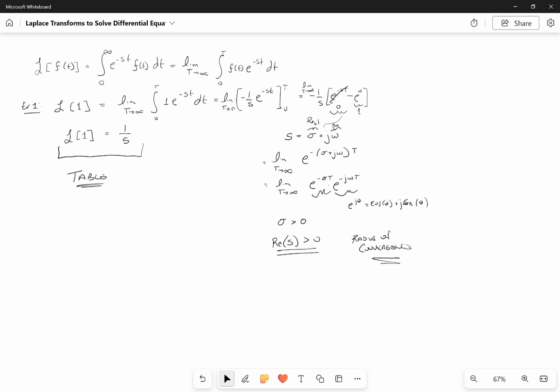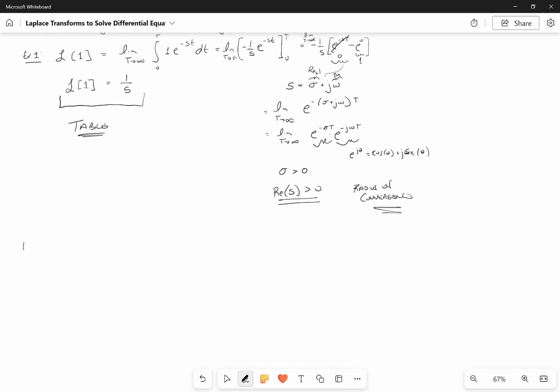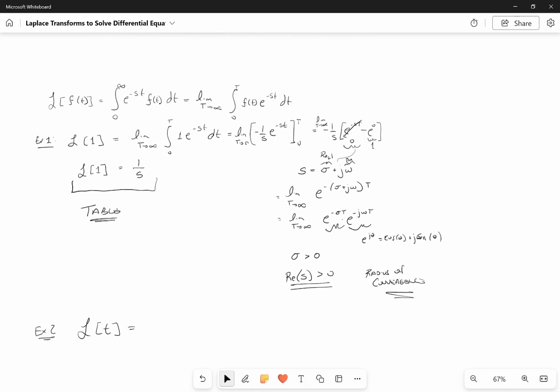Okay, let's try a Laplace transform. Let's look at this one. Let's do here the Laplace transform of t. So what is the Laplace transform of t? Well, here f of t is going to be t.